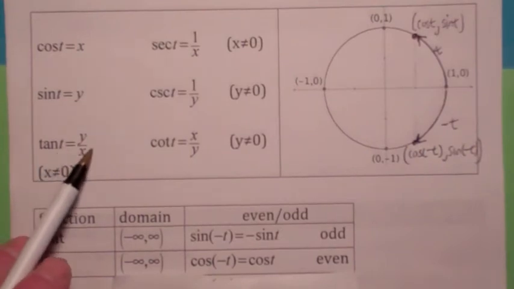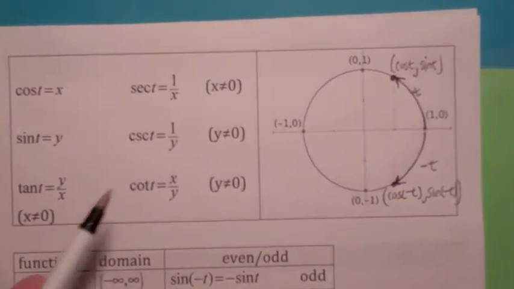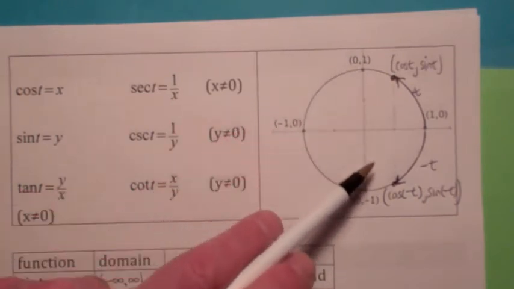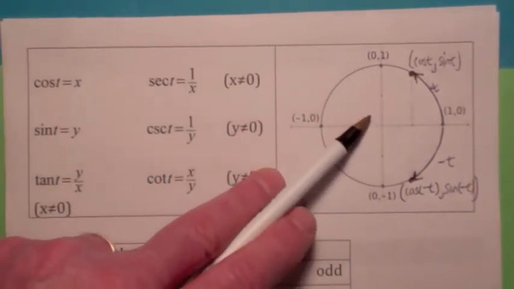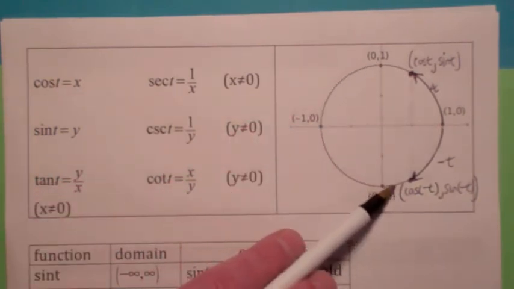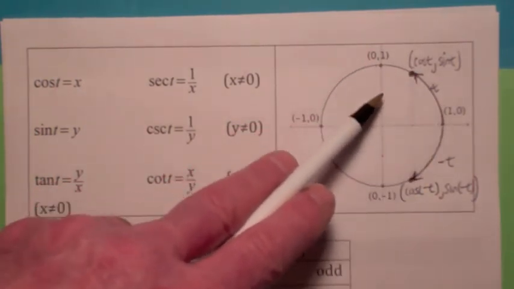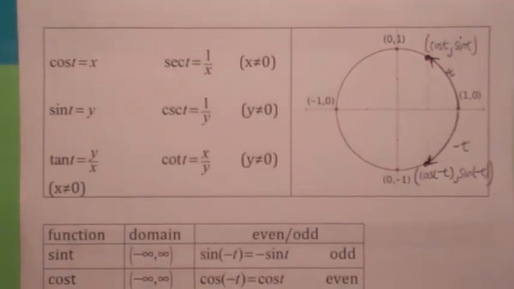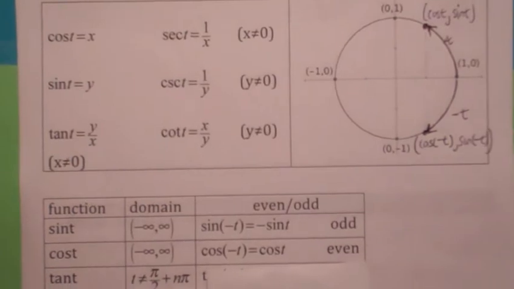Now, getting back to the domain for a second, the tangent has a problem. The tangent is not defined wherever x equals 0. X equals 0 along the y-axis, doesn't it? So what values of t would that correspond to? Well, pi over 2 would do it, 3 pi over 2, 5 pi over 2, and so on, or negative pi over 2. As long as you have a pi over 2 involved, you're on the y-axis.